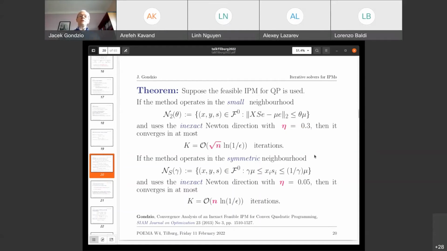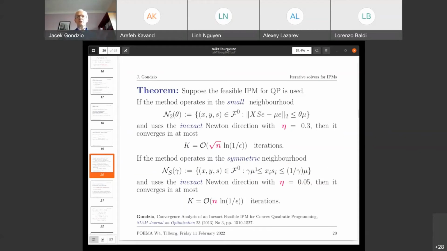If we use a symmetric neighborhood, this is a much more attractive neighborhood of the central path used in all practical implementations of interior point method. Here is a definition of it. We ask here every complementarity pair to be not too small compared with mu and not too large compared with mu. So every xi, si can be a little bit smaller than mu or a little bit larger than mu.